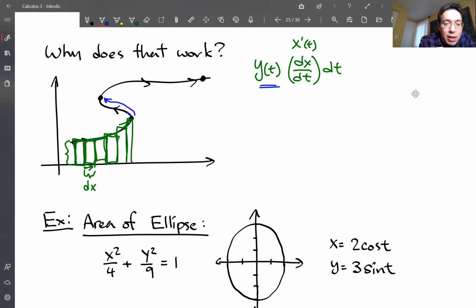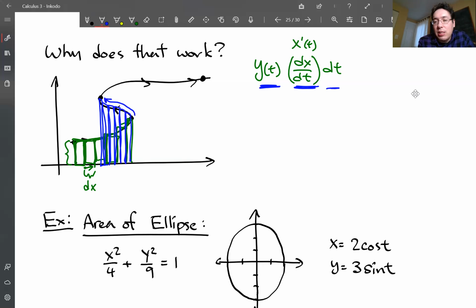So now I'm going to draw this rectangle as blue. As the curve is traveling to the left, y is positive because it's above the x-axis. x prime is now negative because it's traveling to the left, right?